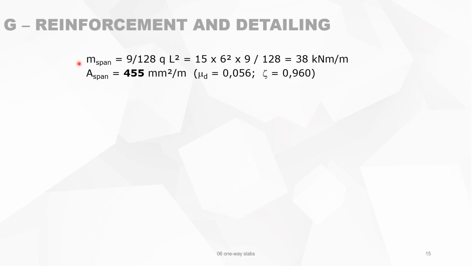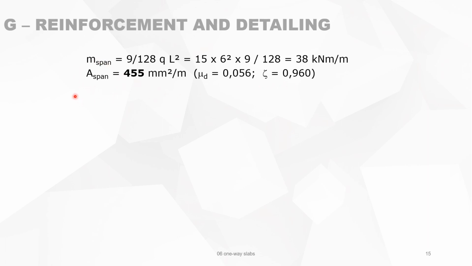The sagging bending moment for this slab is equal to 38 kilonewton meters per meter. When we convert it with the concrete tables, we have the reduced bending moment and zeta equals 0.96.